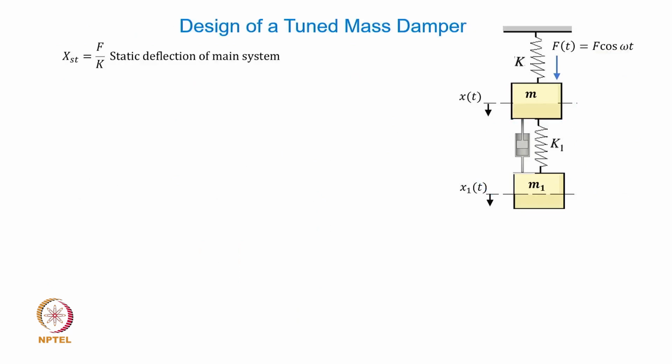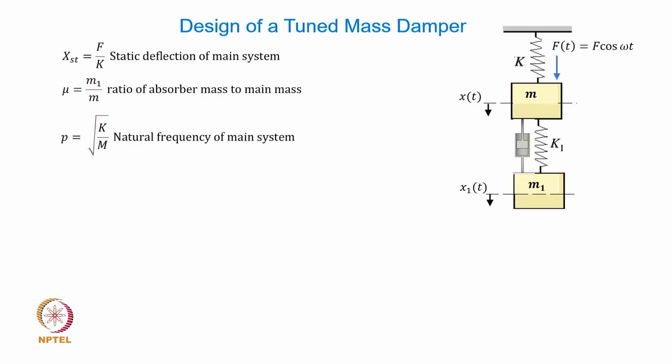So what we do is assume again a static deflection xst of the parent system as f by k, and introduce a few more terms like this one. Of course we have discussed in the case of undamped vibration absorber. In this case also the mass ratio is going to be the ratio of absorber mass to the main mass. And then P is the same as the original natural frequency of the main system. The natural frequency separately of the absorber only, that is K1 and M1 defines the natural frequency of the absorber as a single degree of freedom system.